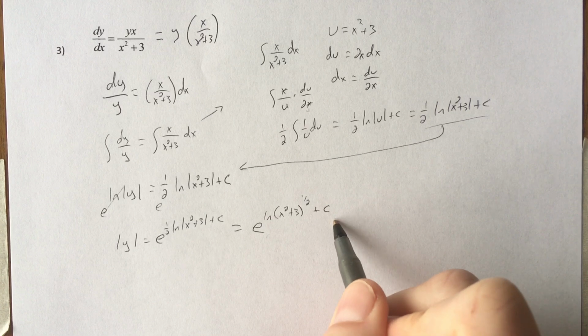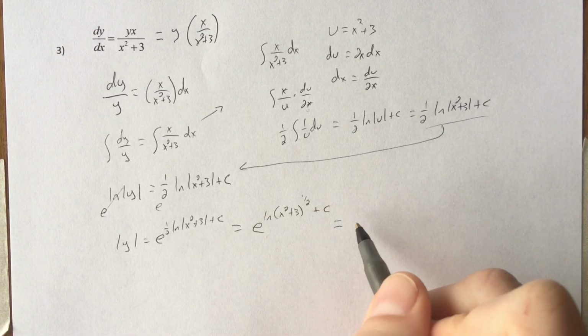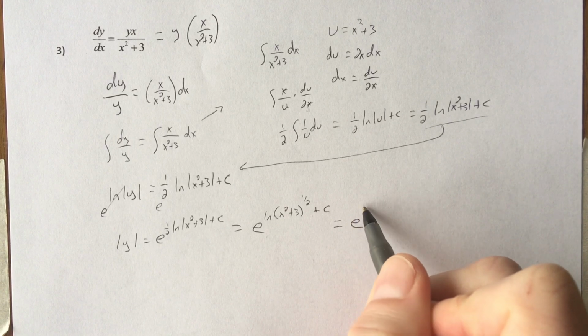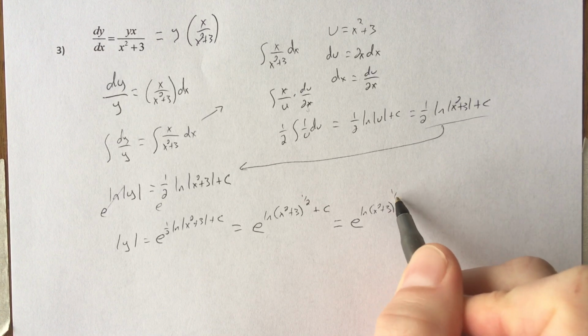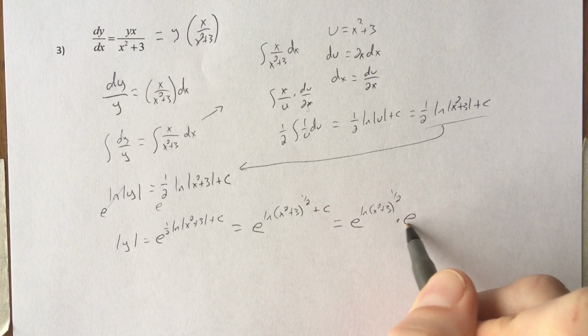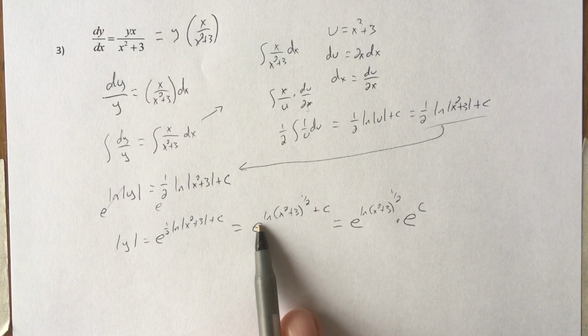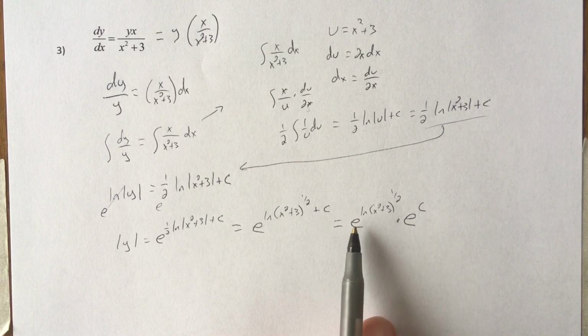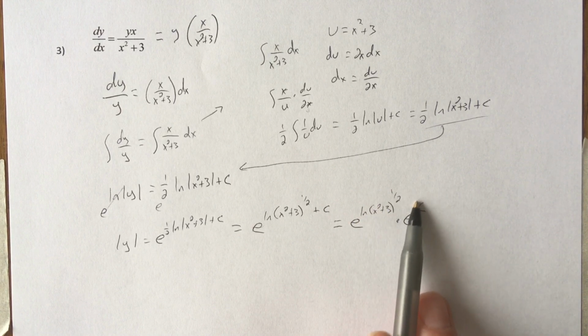The next thing they do is a little more common, and they'll see this plus c here, and they'll use a rule that we're used to doing the other way, but they'll do it this way. So you see that they've taken this e, which was a single base with this exponent, and they've split it into two bases, one with one part of the exponent, one with the other.